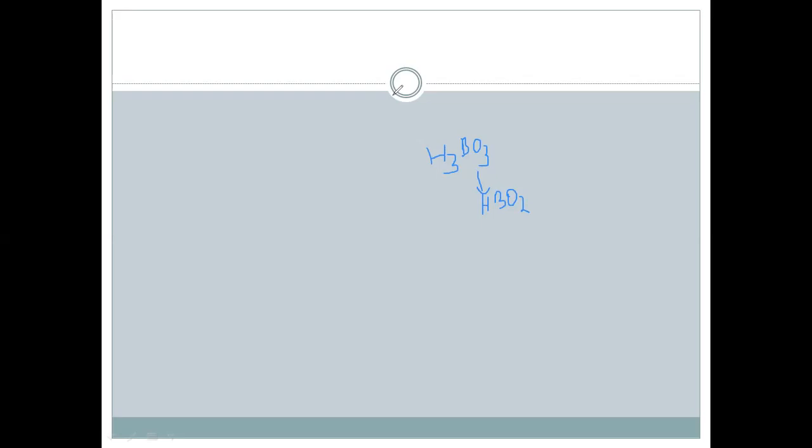What is the ionization of this boric acid? See, H3BO3 ionizes to give hydronium ion, H3O plus, along with the formation of H2BO3 minus ion also.